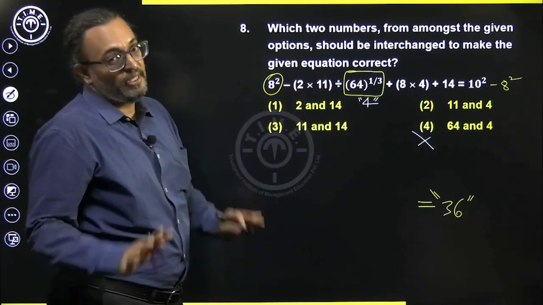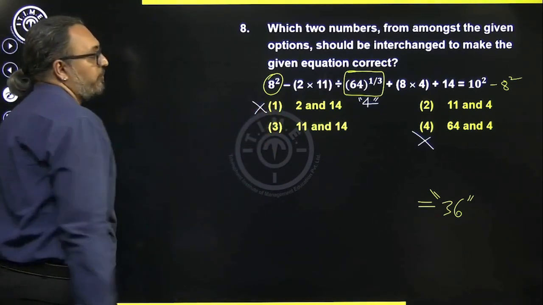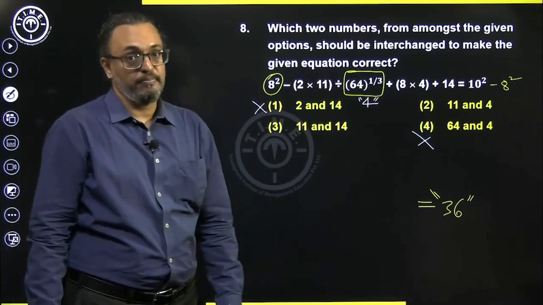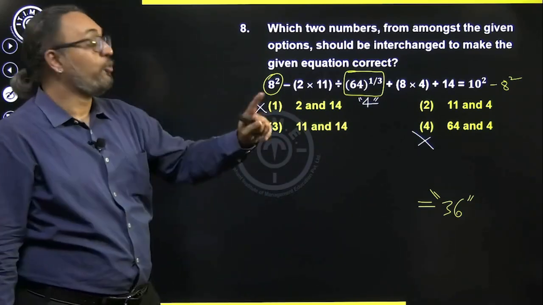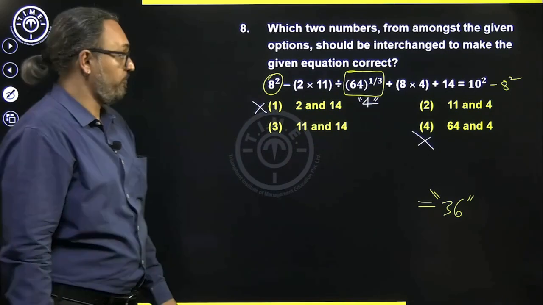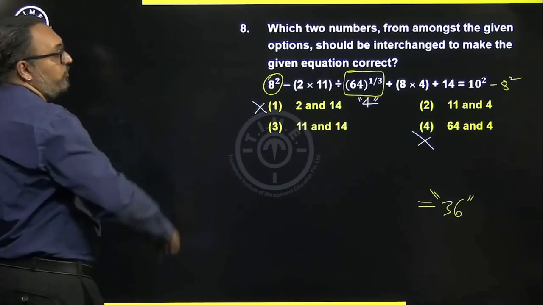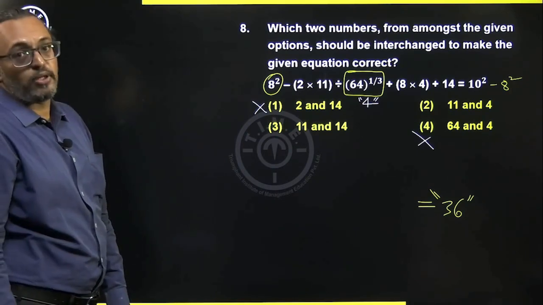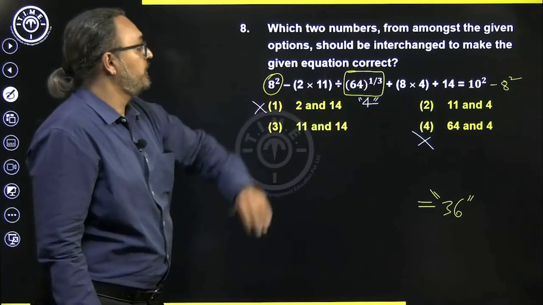I will not prefer doing that option because it is not going to work for me. Negative 14 into 11, you will get negative 154 divided by 4. Will I get it? You will not get it. It is not divisible. So I will not prefer 2 and 14.